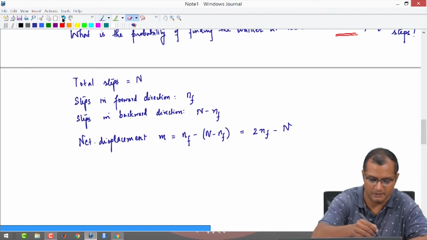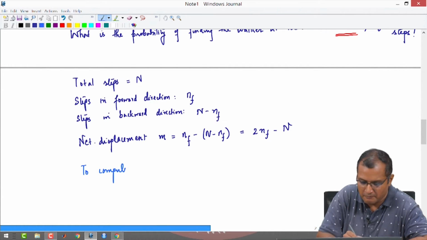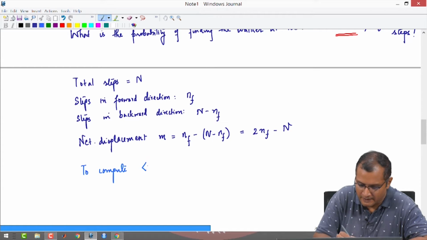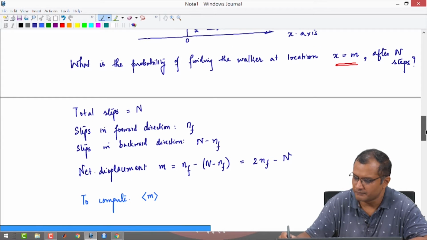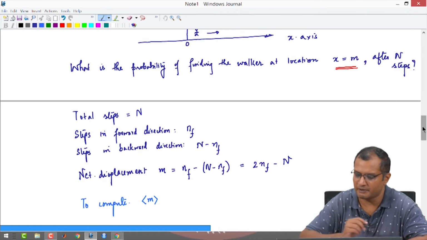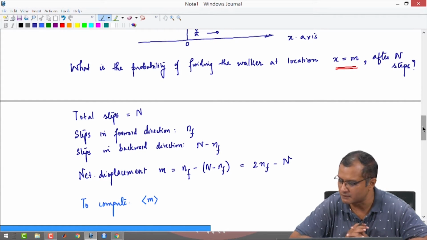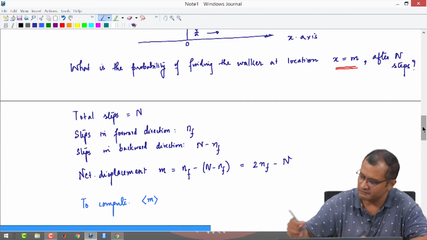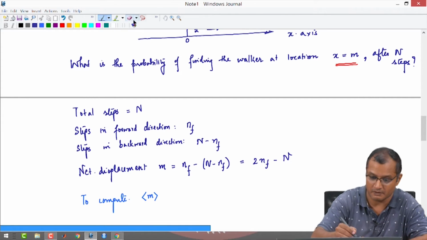Let me just correct myself. What is asked is that we need to compute the average m. We are trying to find out the probability of finding the walker at the location x equals m. Fine. So, let us start with that and then we will find out the average m. That is also fine.